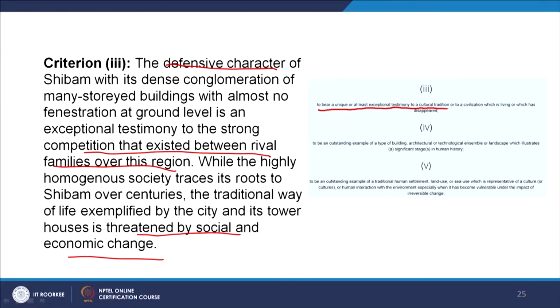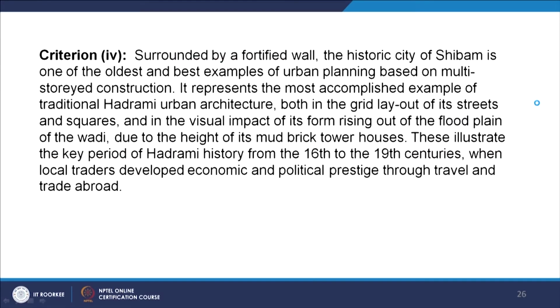So that reflects an exceptional testimony to a cultural tradition or a civilization which is living or which has disappeared. Similarly, it is one of the best examples of urban planning based on multi-storied construction.